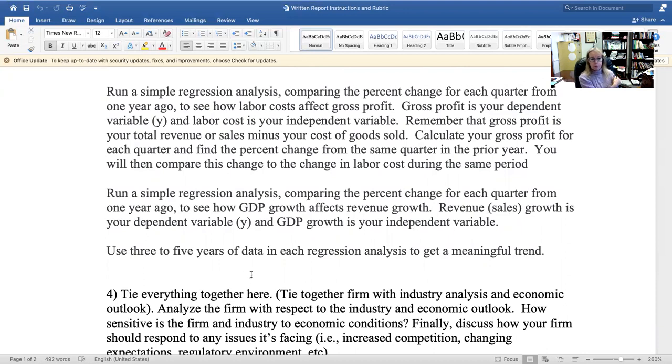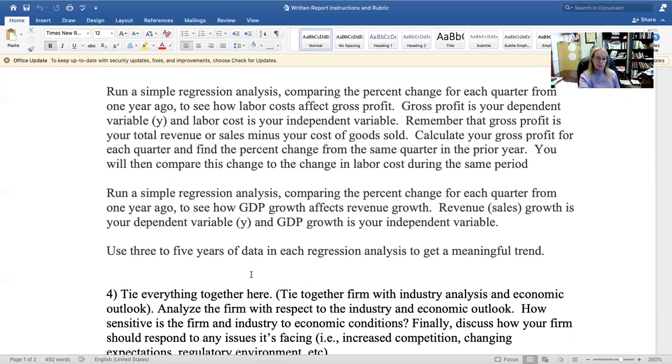There's a tutorial on Moodle that explains step by step how to run the regression analysis and how to interpret your results. So look at that on your own, and then we'll go over that in detail when we meet face to face next week. I don't want to spend the time on this brief recorded Moodle session going over all that, but that's the gist of what the regression analysis is.